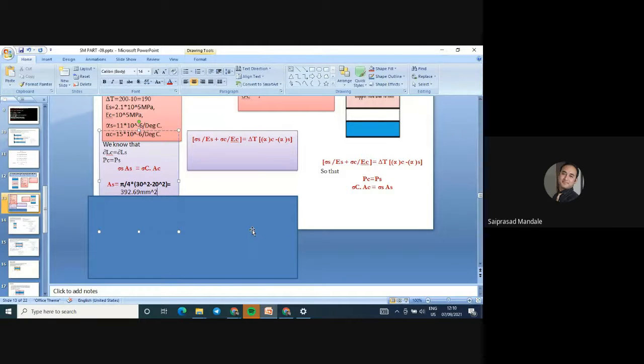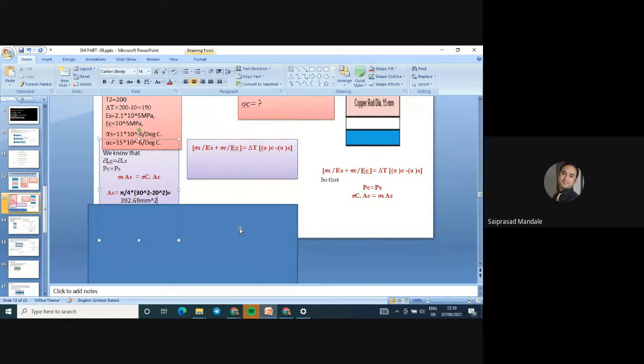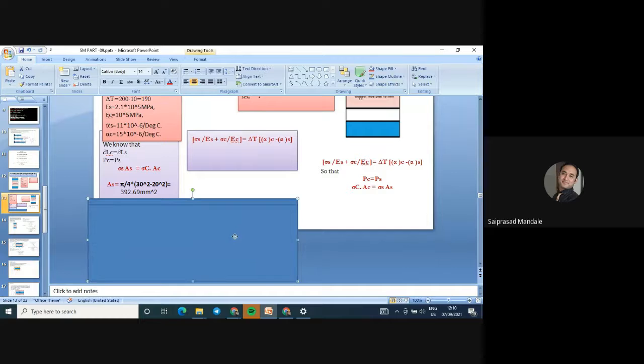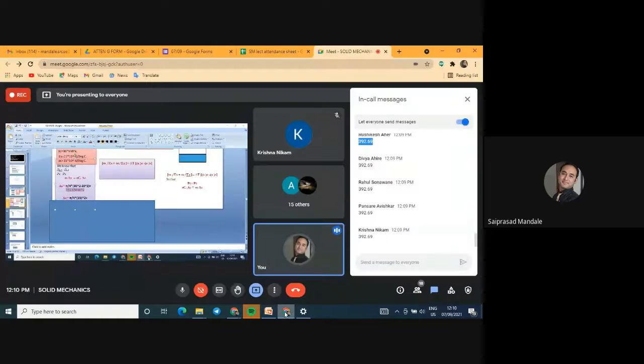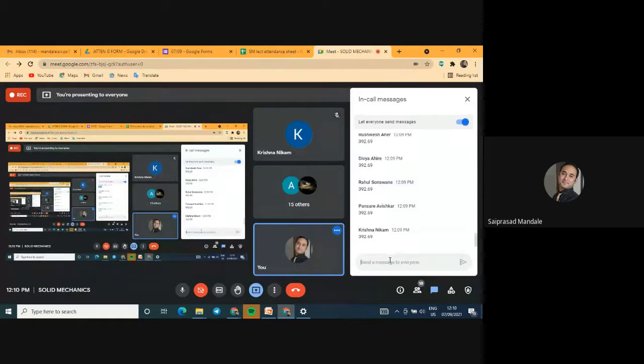So how to calculate the area of copper? Pi by 4 into d square, and d is 15. So pi by 4 into 15 square is the area of copper. Go ahead and calculate the value of the area of copper.